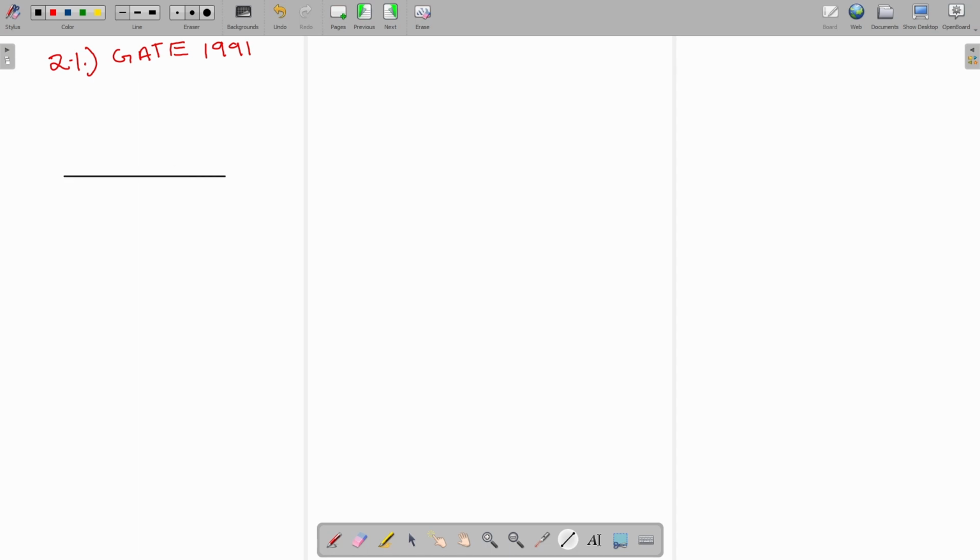Let me draw the diagram here. This is P. This point is also P. This is the simply supported beam.